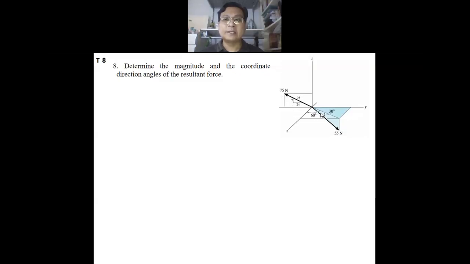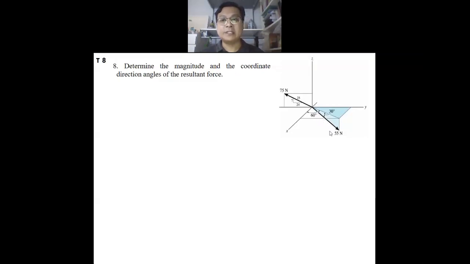If we see force number 1, it only has 2 directions, y and z. How about the x? X is considered 0.